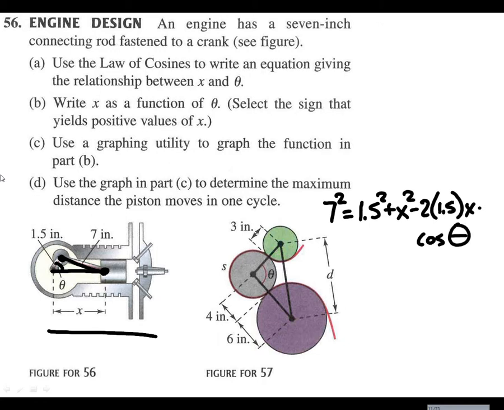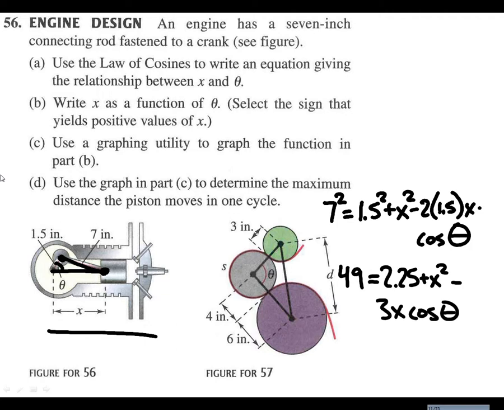Theta. And so we'll end up with 49 equals 1.5 squared is 2.25 plus x squared minus 3x cosine theta.